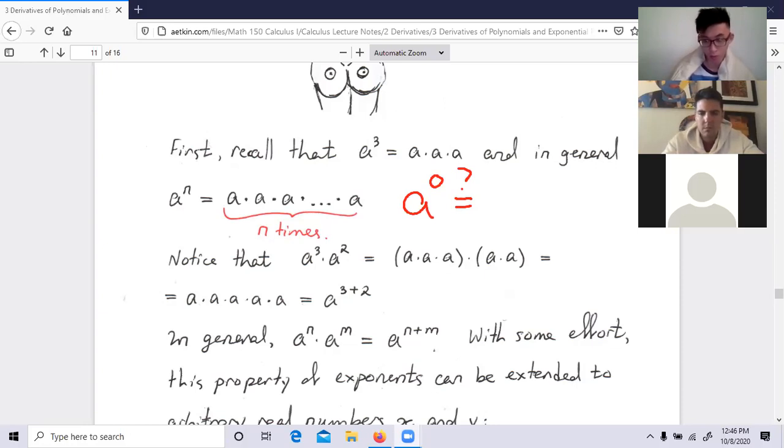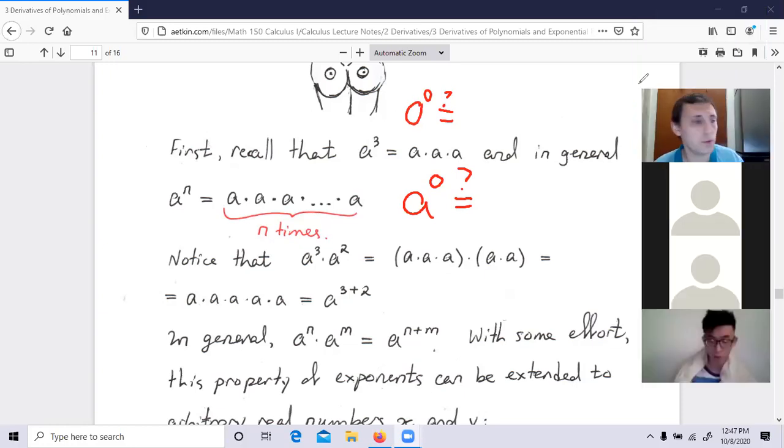What if I said anything to the power of 0 is 7? Why am I wrong? You see, when you say any number to the power of 0 equals 1, well, is that true? What about 0 to the power of 0? Is this defined? What is a to the power of 0, guys?